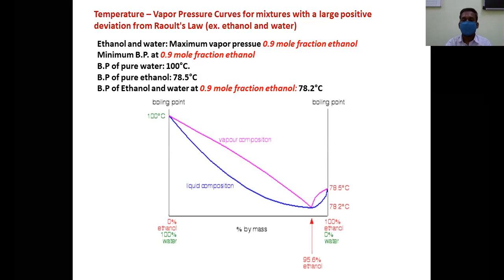Let us look at this in terms of the boiling point vapor pressure diagram. Same thing as what we looked at previously for the ideal solution, except the curve is not symmetric as it was in the ideal solution. Rather, the curve has a shape in which there is a minimum value of boiling point.